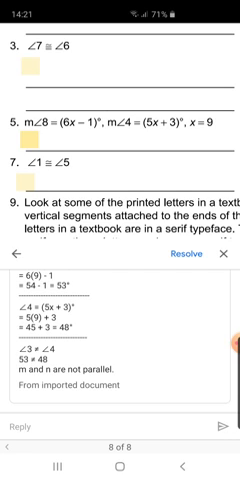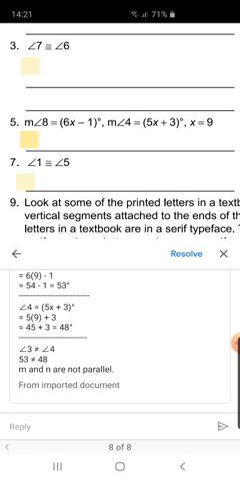Now, according to the alternate exterior angle theorem, both your angles should be equal, correct? Now, here we did not get them as equal. You can see angle 8 is not equal to angle 4. Okay, which is 53 is not equal to 48, which means M and N are not parallel.